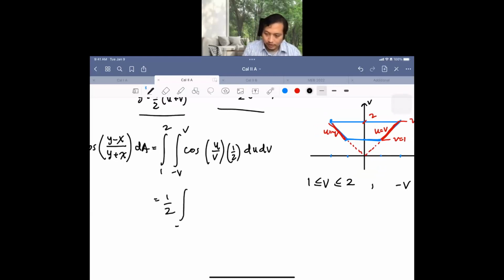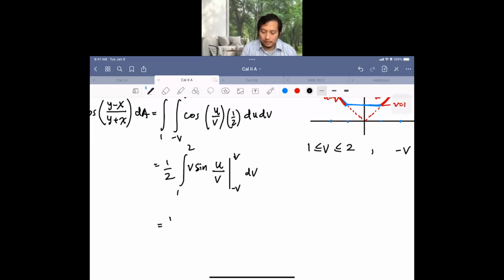And then write down the integration for u. So cos(u/v) du, we integrate cos u. It's supposed to be sine u, positive, right? Sine u over v, and then we multiply by v because of the integration, right? If it is u over v, then it's supposed to be over v. Yeah, I hope you understand this. And plug in the negative v and v.